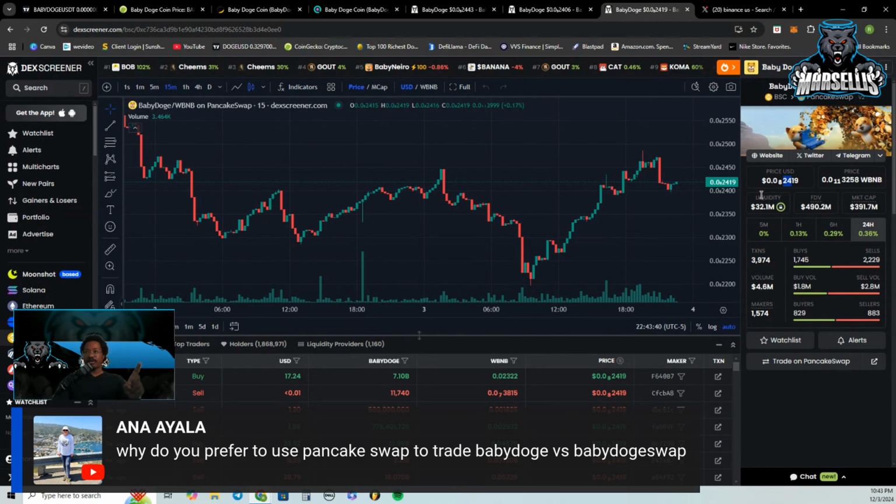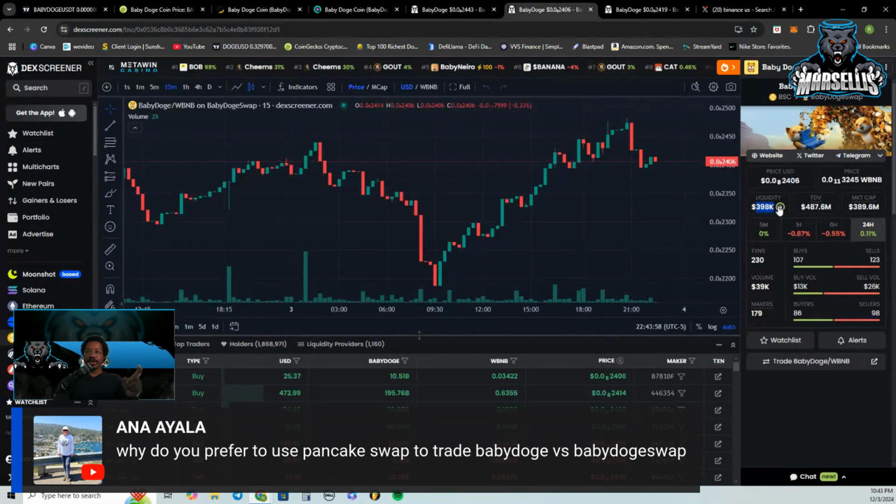Whenever you make your trades on PancakeSwap, notice at the bottom it says medium risk or low risk for price impact. It's talking about that risk because let's say you had $100,000 and you wanted to make a trade on Baby Doge, but you're trying to do it on BabyDogeSwap. Now you're trying to sell $100,000 worth of Baby Doge, but the liquidity is only worth $398,000.